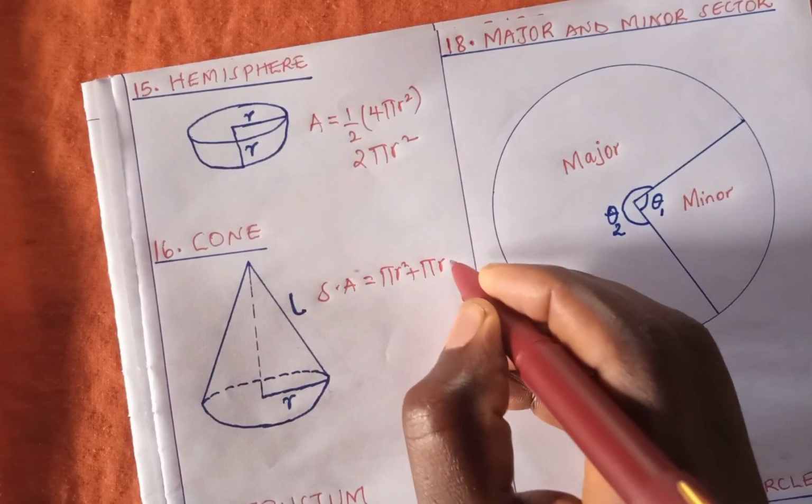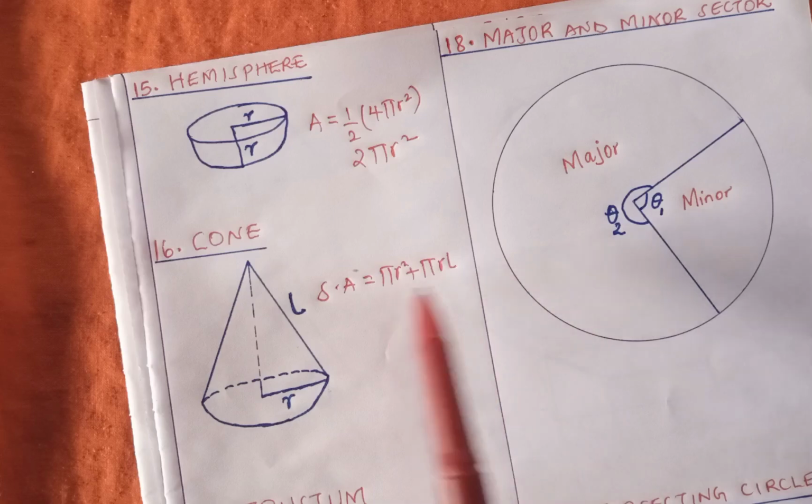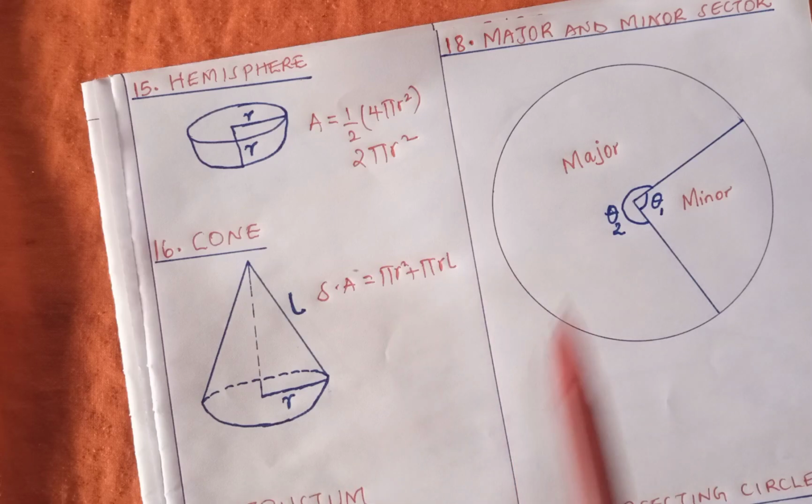For this case, pi rl is the curved surface area of a cone, and pi r squared is the area of this circular base.